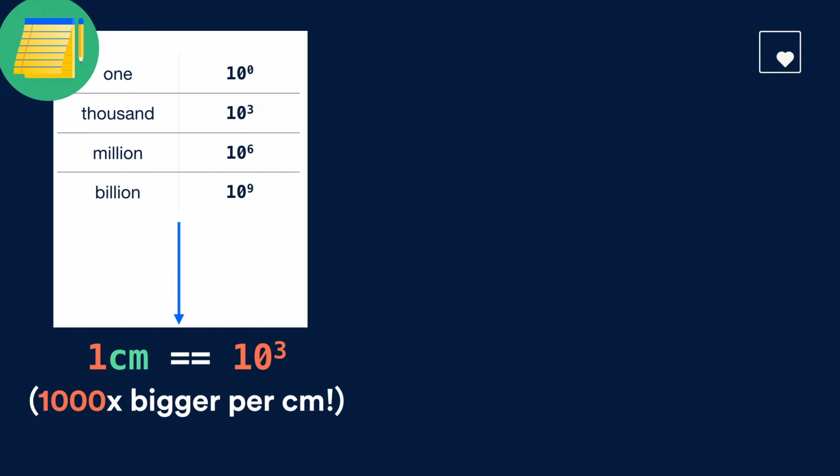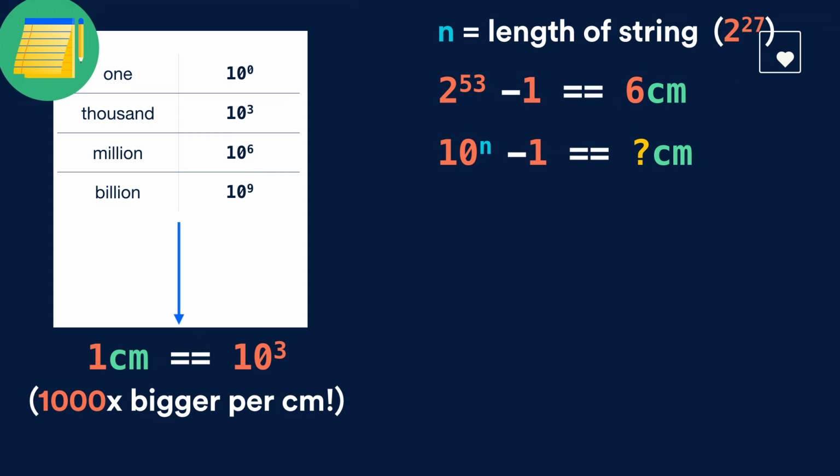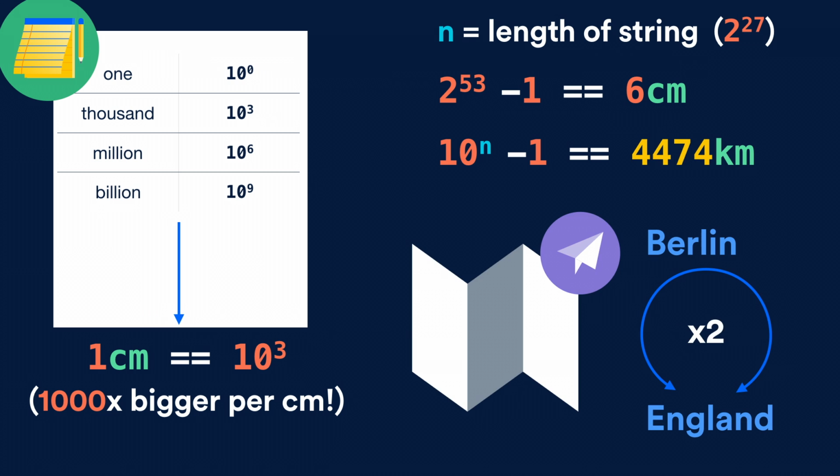With JavaScript numbers, we can get 6 centimetres down this page until we hit that max safe integer. If we use this string method, it would take 4,474 kilometres worth of paper to store this number, which is pretty staggering when you consider that each centimetre is 1,000 times bigger in value than the centimetre before it.